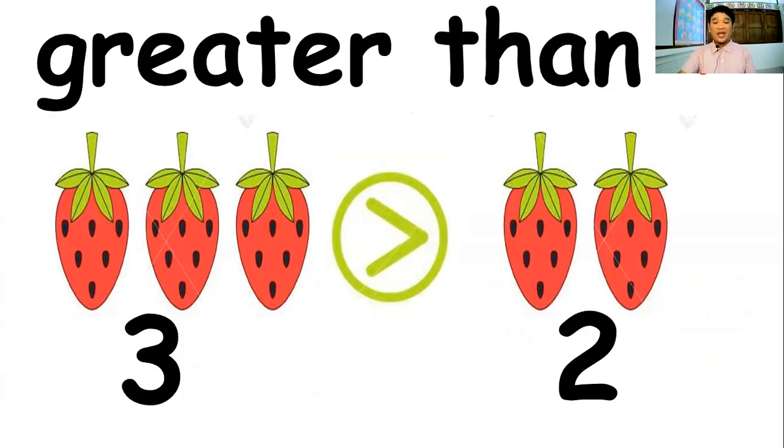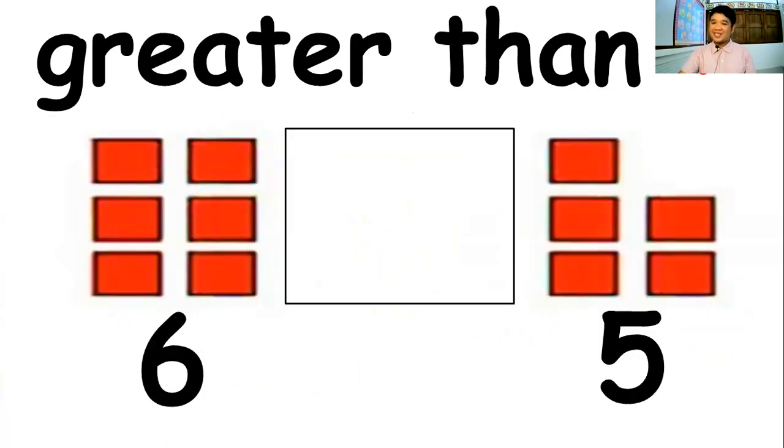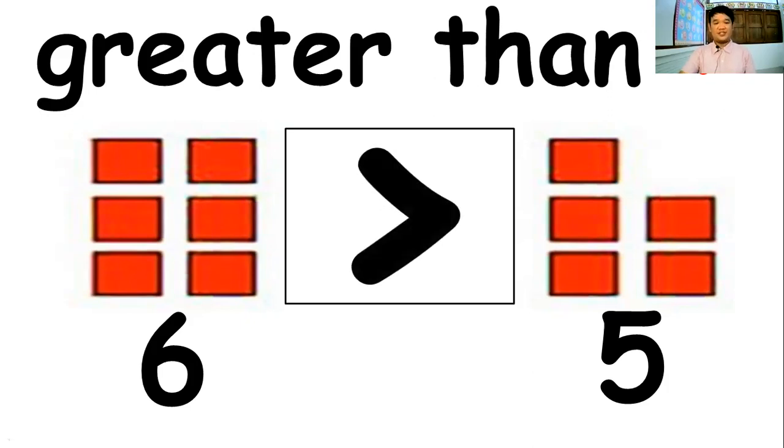Therefore, 3 is greater than 2. Another example. On the left side, we have 6 boxes. On the right side, we have only 5 boxes. Therefore, 6 is greater than 5.